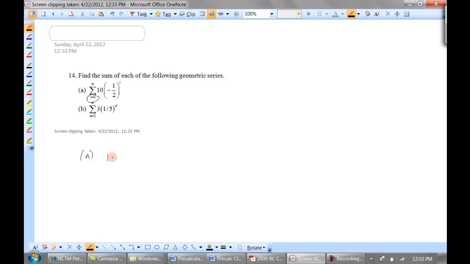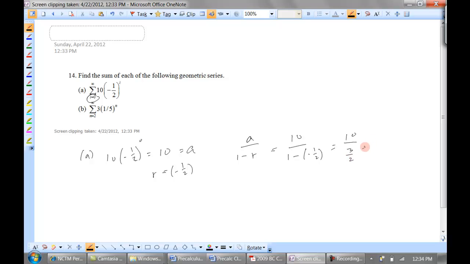So the first term is 10 times -1/2 to the 0, which is 10. So that's my first term. And I can see that r in this case is -1/2. So if I want to know what the sum of that geometric series is, a over 1 minus r, 10 over 1 minus -1/2. So that's 10 over 3/2, or 20/3.